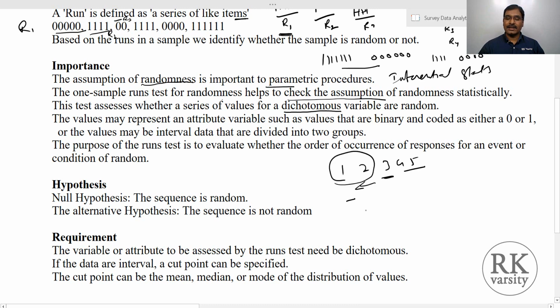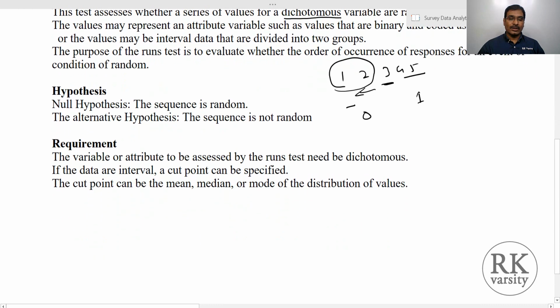Values less than the cutoff point are coded as 0, and values above the cutoff point are coded as 1. So even if you have an interval scale, you can run the runs test, but you need to convert the values into dichotomous ones using a cutoff point.